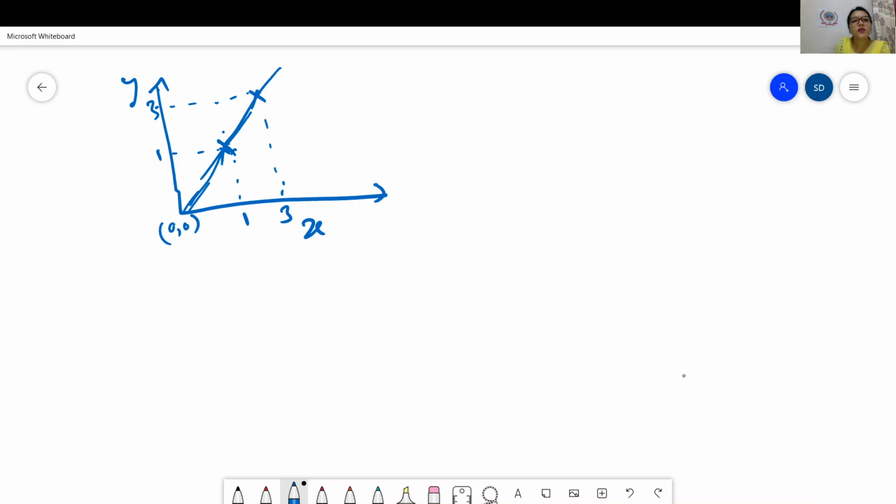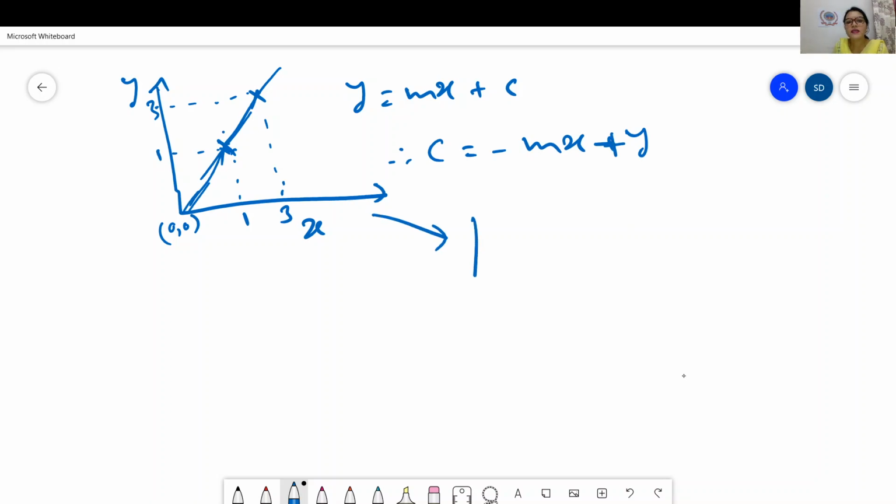So these are the 2 points. Using the formula y equal to mx plus c, I can write c as minus mx plus y. And I need to map this in the m versus c plane.